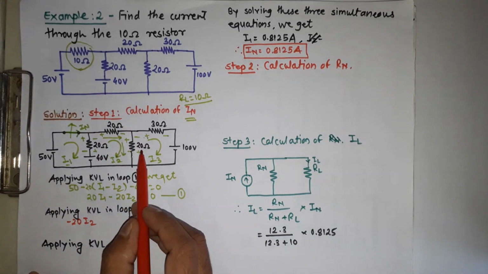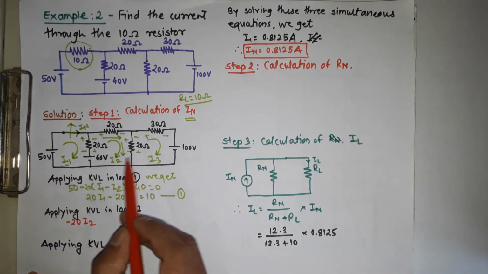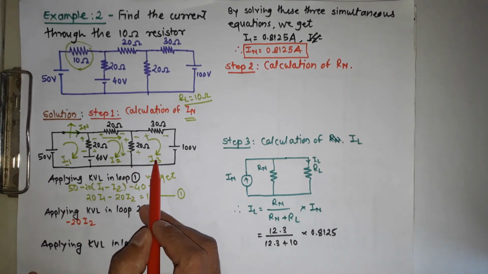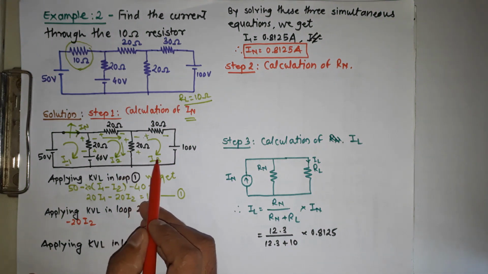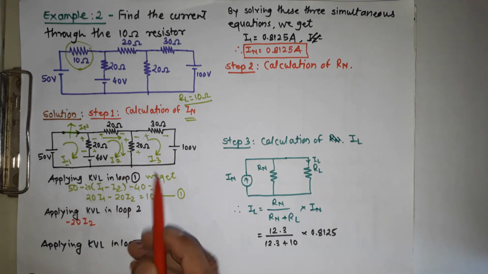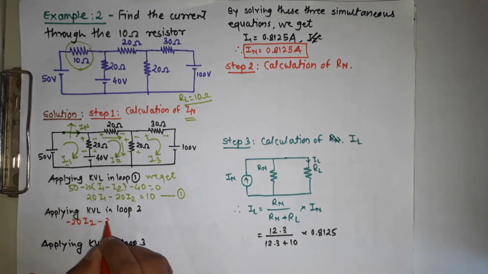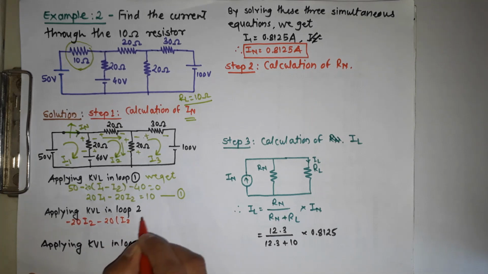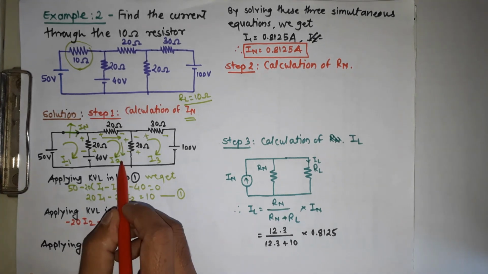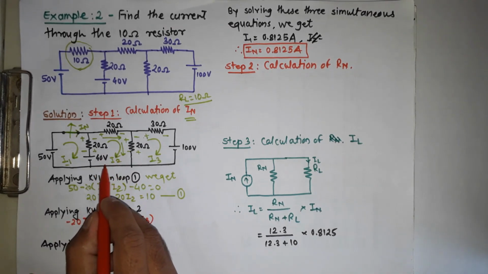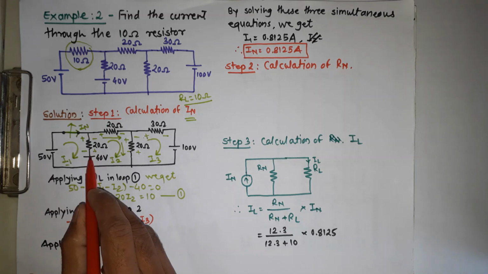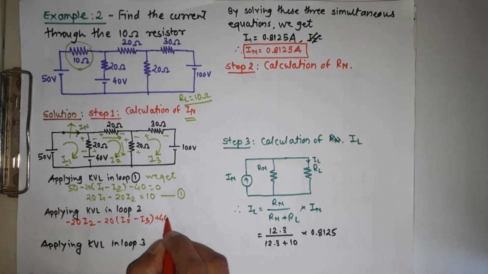Then for this 20 ohm two currents are flowing, I2 and I3, but since we are applying KVL in the second loop, we subtract the third from the second, so it is minus 20 into (I2 minus I3). Here we consider I2 first because we are applying the KVL in the second loop. Then for this 40 volt, current flows in the upward direction, minus to plus, so it is plus 40.